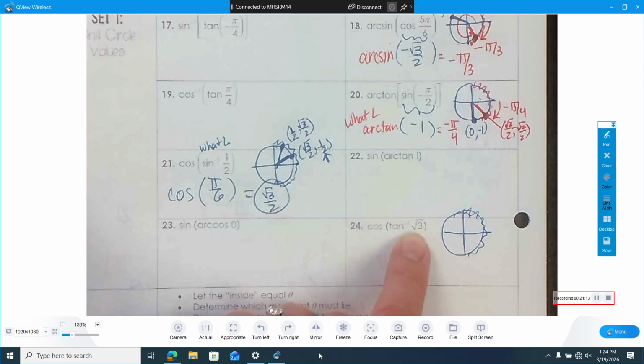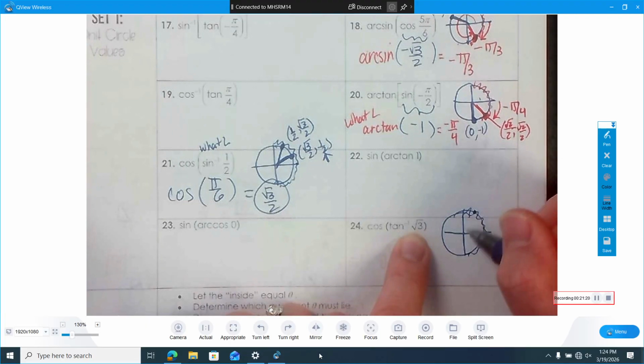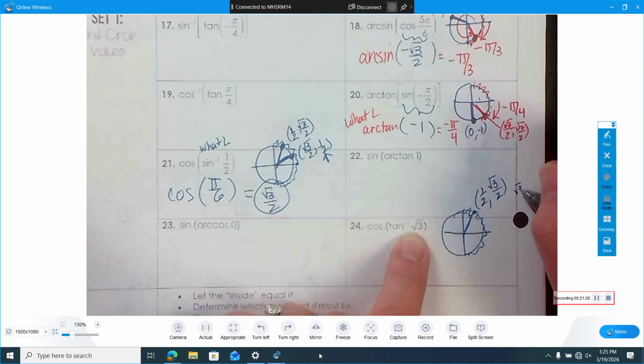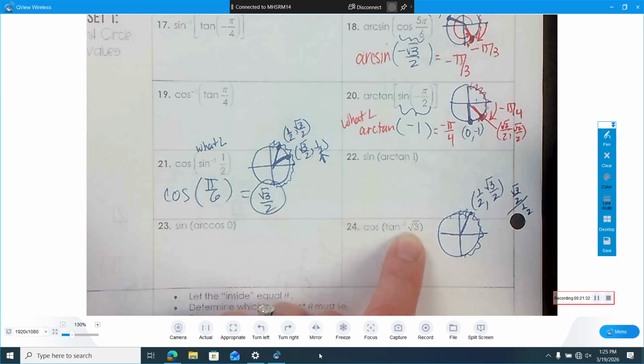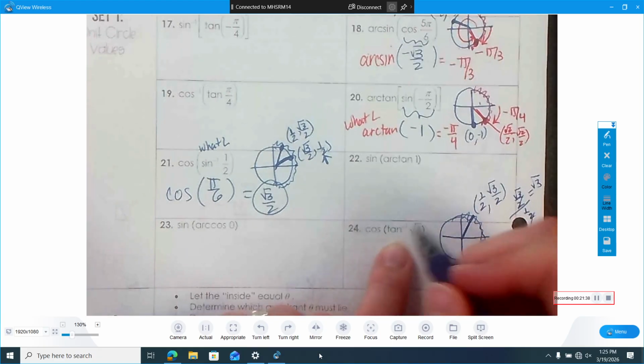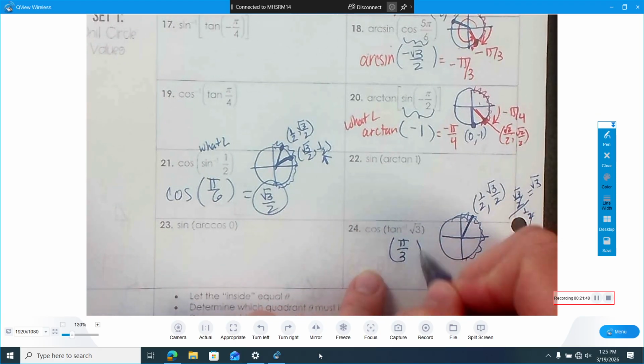How do we get radical 3? Yeah, right here, 1/2, radical 3 over 2. If we do the tangent ratio, it would be radical 3 over 2 divided by 1/2. And so those 2's cancel out, and that's how we get radical 3. So this angle is pi over 3.